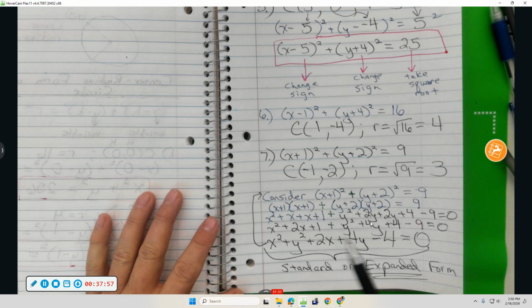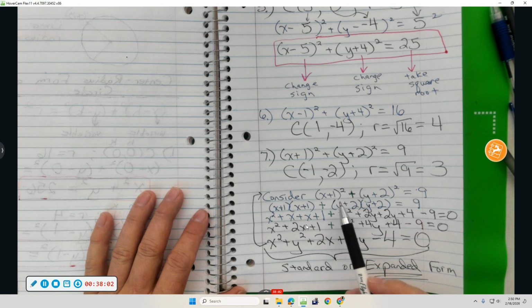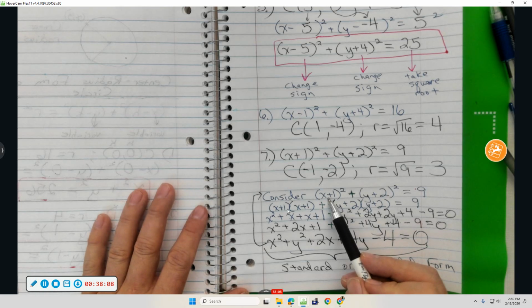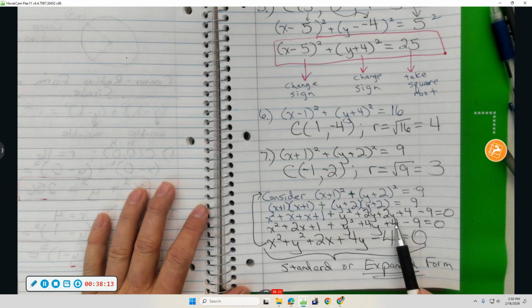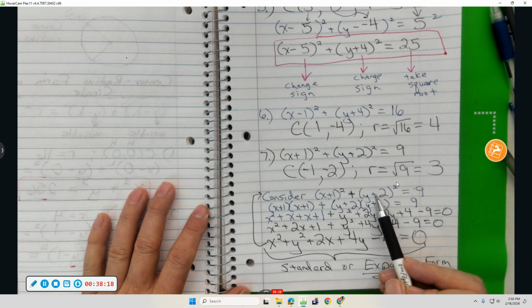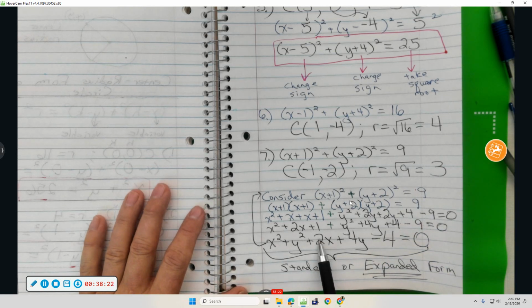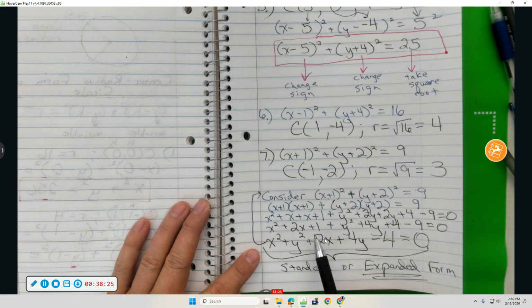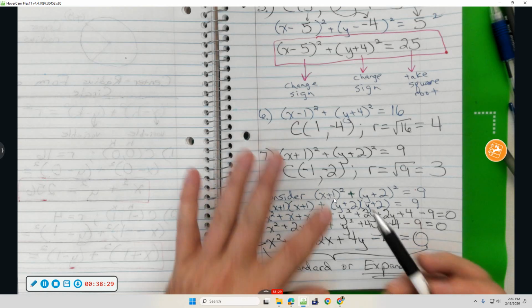Now, things like x squared plus 2x plus 1, the trinomials that factor as a binomial squared, are called perfect square trinomials. Likewise, y squared plus 4y plus 4, that's a perfect square trinomial. It factors as a binomial square. Here we have an x squared plus 2x, but in the final answer we don't have that plus 1 to go back and factor it.